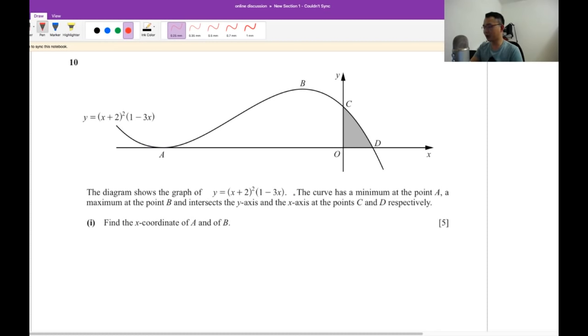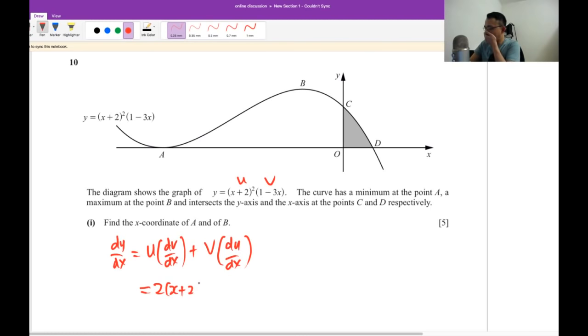From here, you can do the product rule if you want. The product rule tells you u dv/dx plus v du/dx. So this is u, this is v. So u will be x plus 2 power 1, and then multiply 1 dv/dx, which is negative 3, plus v is 1 minus 3x.